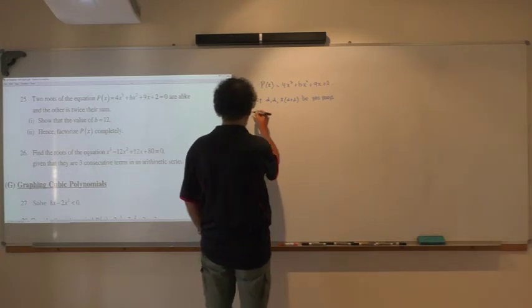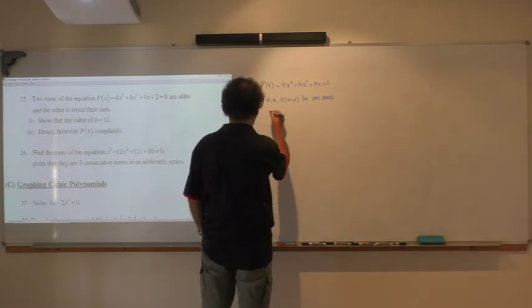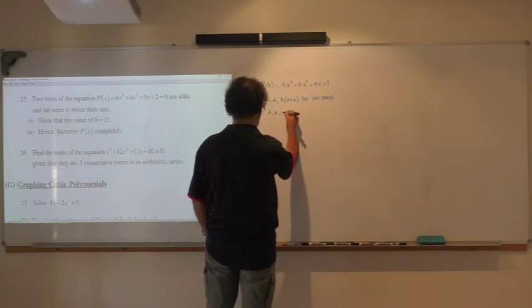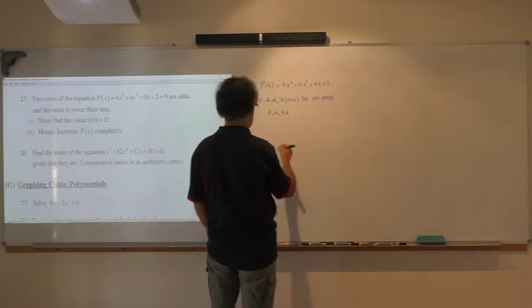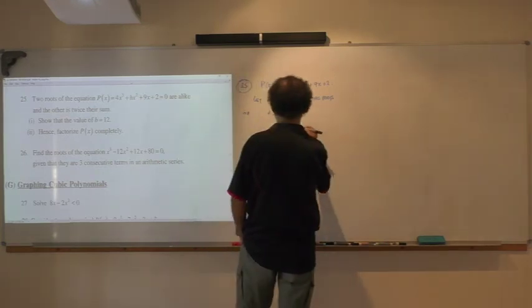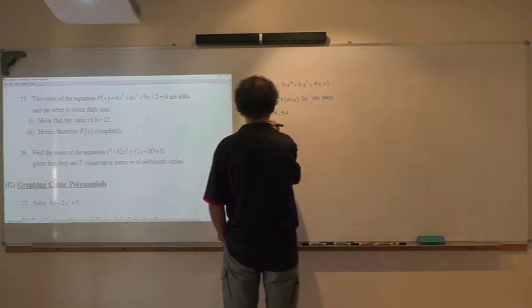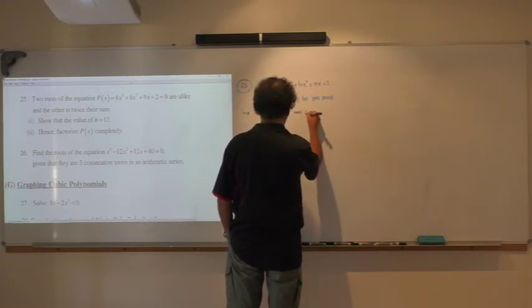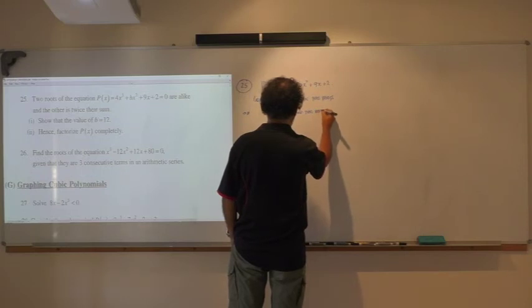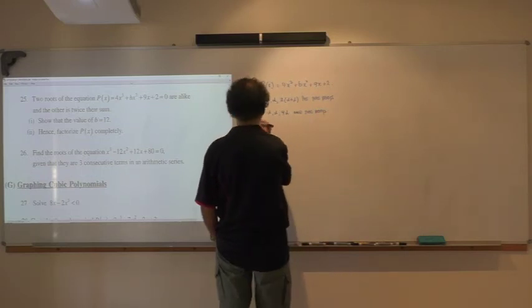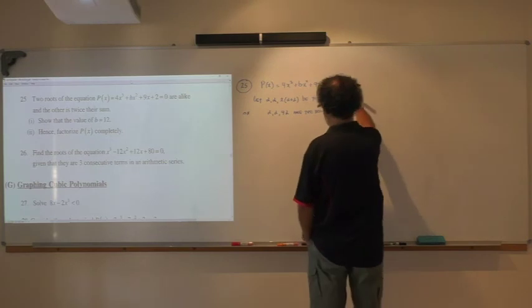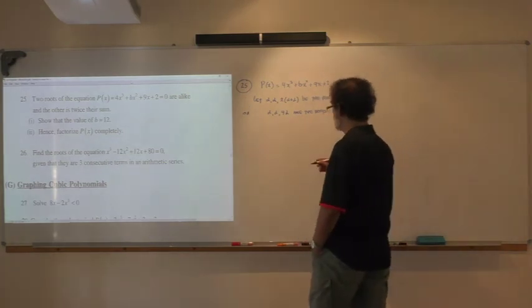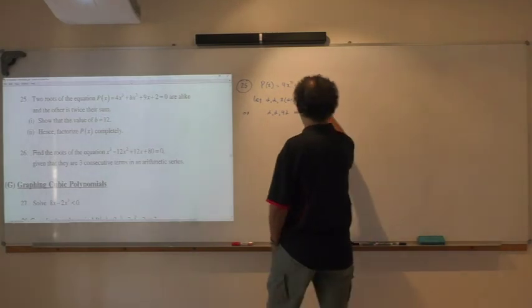This is the same as saying the roots are alpha, alpha, and then 2 times 2 alpha, so it's going to be 4 alpha. It's the same thing. The roots.